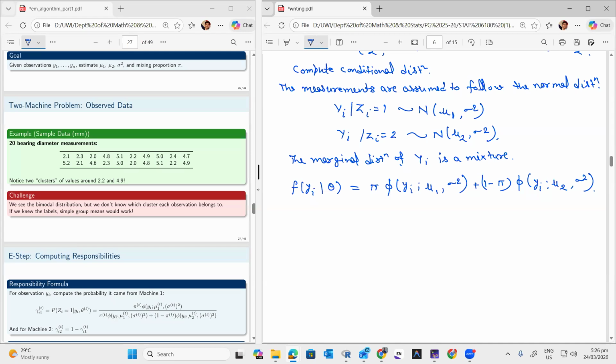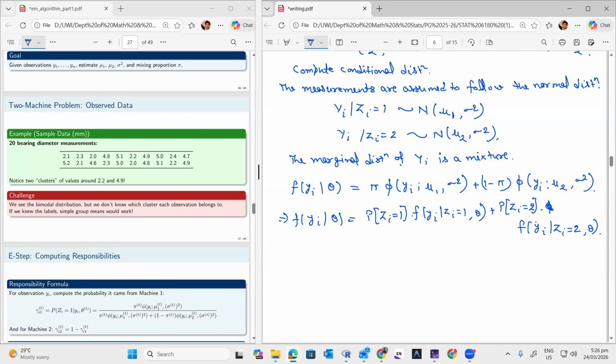Like f of yi given theta equals probability zi equals 1 times f of yi given zi equals 1 and theta, plus probability zi equals 2 times f of yi given zi equals 2 and theta. So from this formula we have obtained this one as we have done earlier.